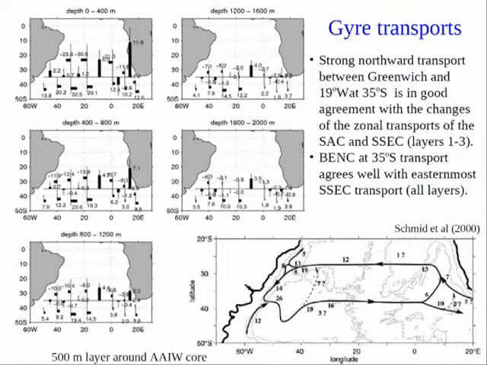Most of the time it balances within the error bars, which are kind of large, but not larger than the signal. So it balances except for the deepest two layers. In the three upper layers it balances quite well, in the deeper ones it doesn't. And I'm not surprised because the zonal transports are not very stable either.